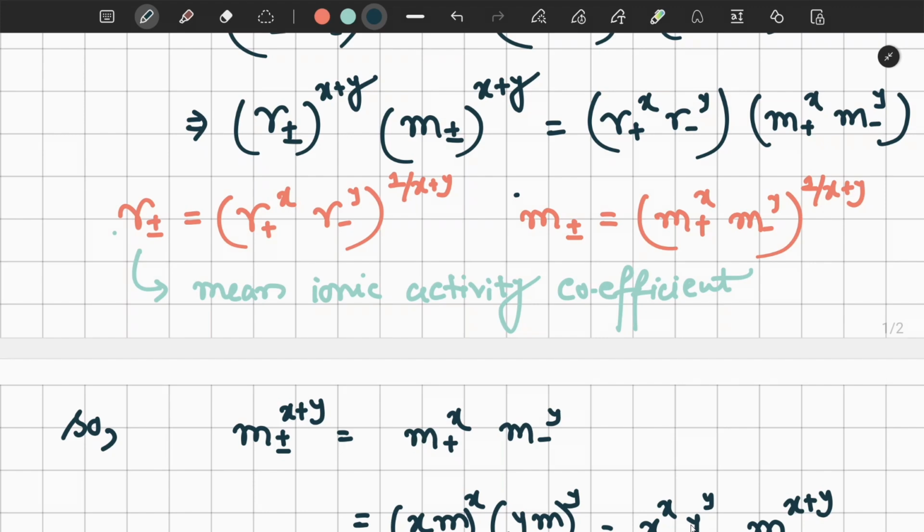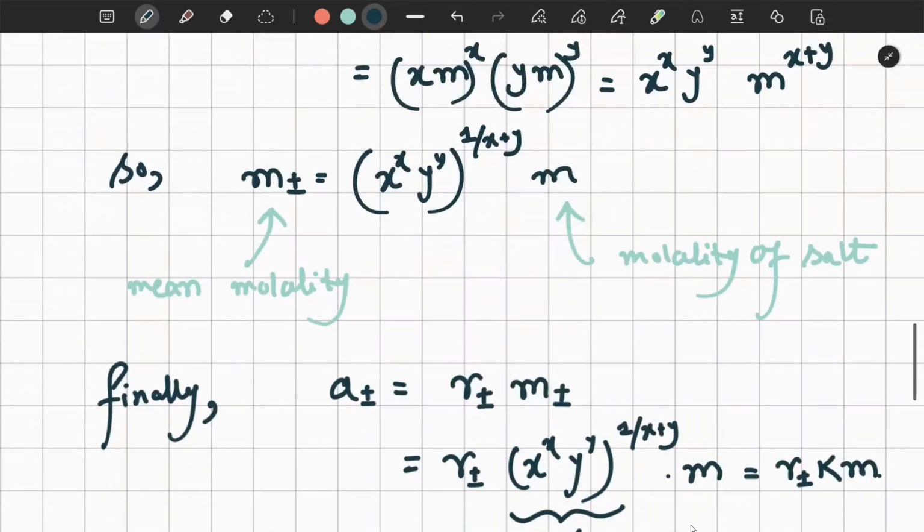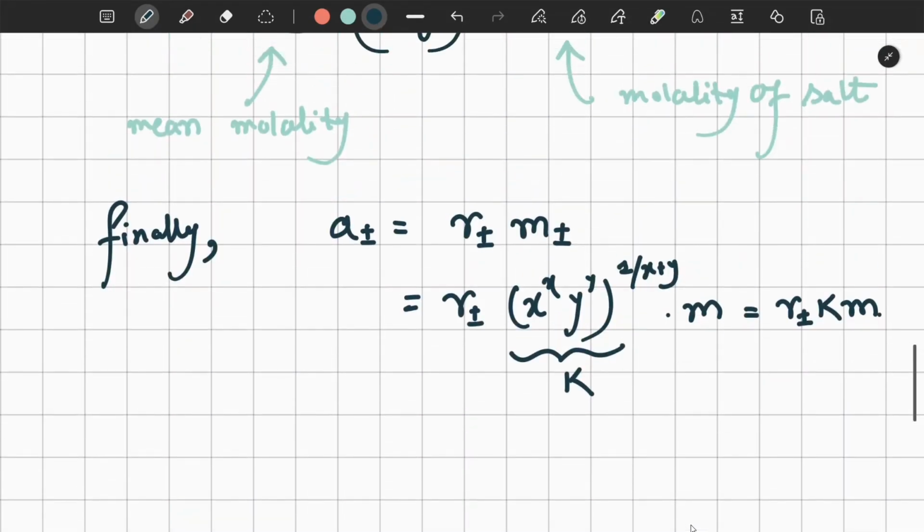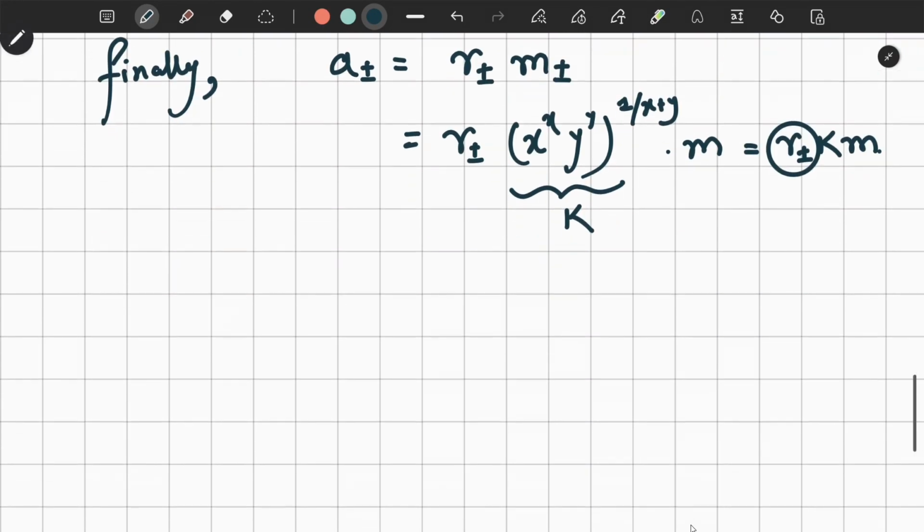Okay, so that's why the Debye-Hückel limiting law is important. You see here, these things we know totally. Just this gamma plus minus we don't know. We can calculate this gamma plus minus using the Debye-Hückel limiting law. That limiting law will be used here.